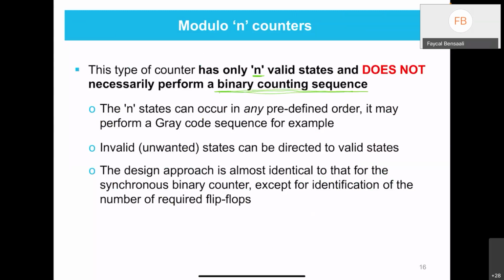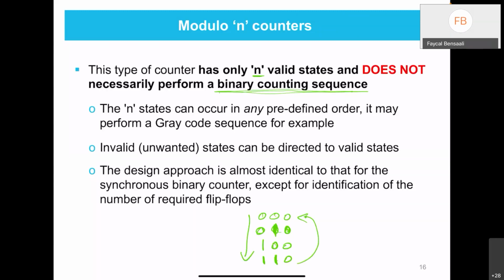So I can have a 3-bit counter that does this: 0, then counts up by 2, so the next is 2. Then next is this one, 4. And then next is 6.